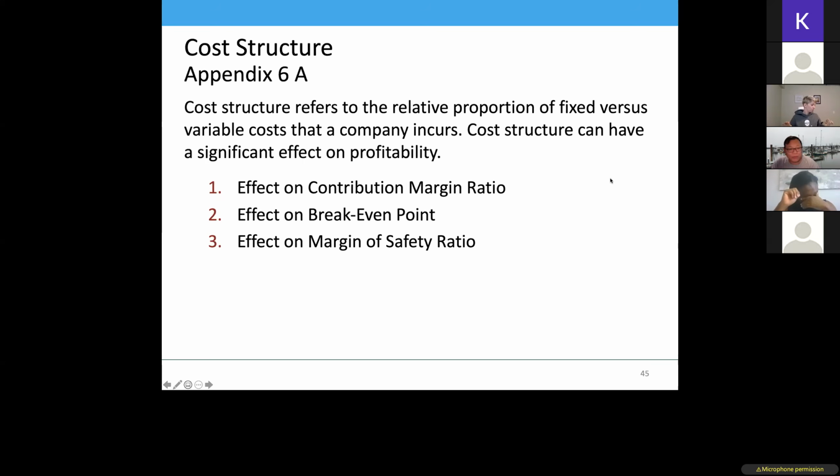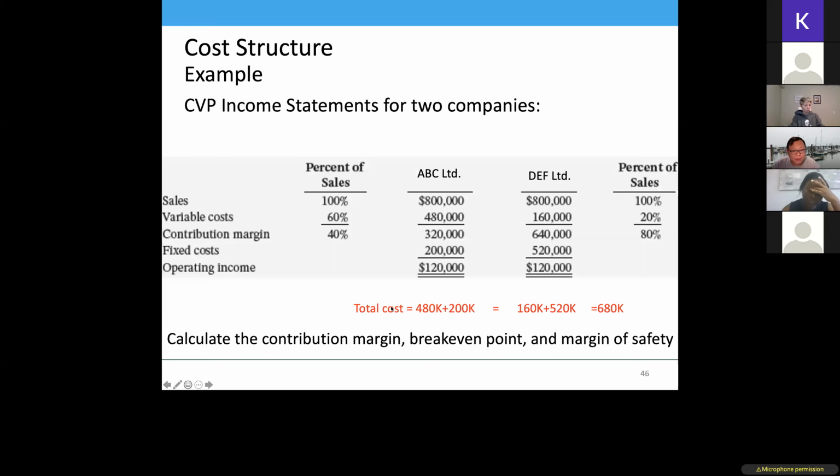So I'm going to show you one example. In this example, you have 2 companies, ABC Ltd and DEF Ltd. What's interesting about this is the sales are the same, 800,000, and the operating income is the same, 120,000.